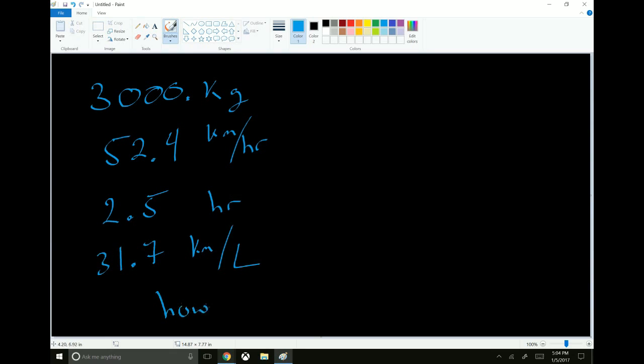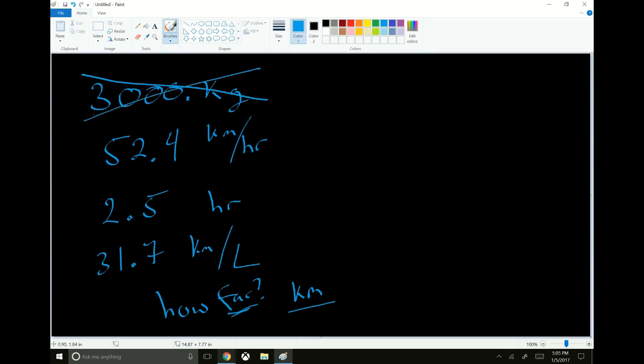Okay. All right, so we have all this information that's been thrown at us, and we need to look at what we have and what we want and how we can get from one to the other. Now, how far? That means we're looking at a distance. We need kilometers. Okay, so 3,000 kilograms, kilometers per hour, hours, kilometers per liter.